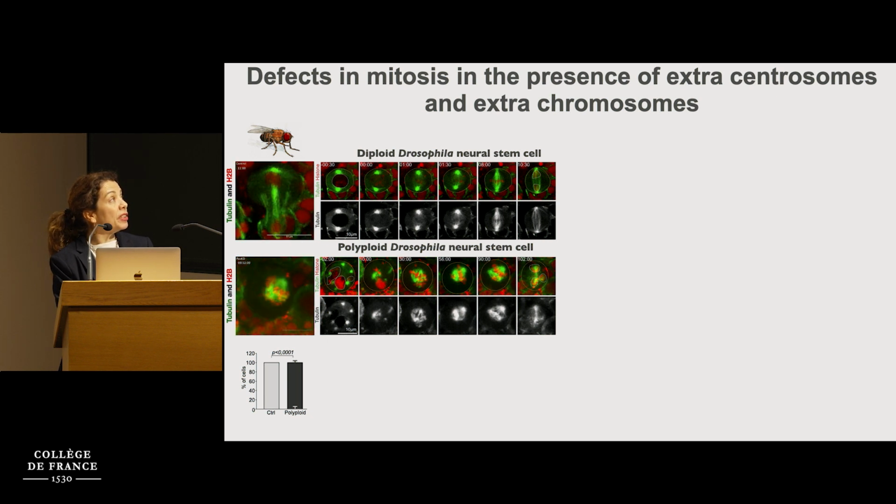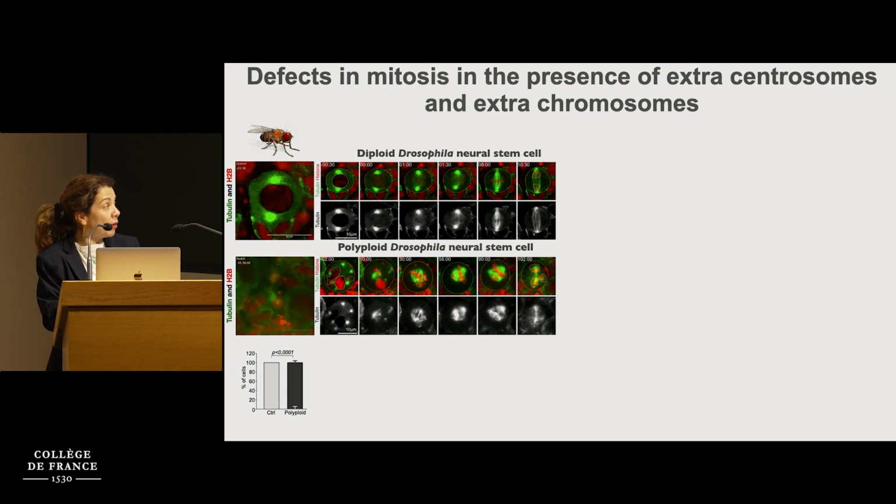There is an initial clustering of the centrosomes, but then the spindle fails to elongate and scale, and it will be very chunky and tubby and divide in a multipolar manner always.